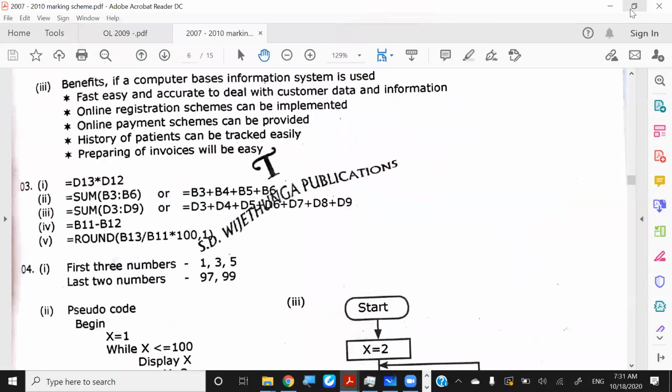Right. Okay, so moving forward, they are asking about the fifth one. There you are going to receive a formula which is called round, and it is not in your syllabus, so you can take the marks for the fifth part.